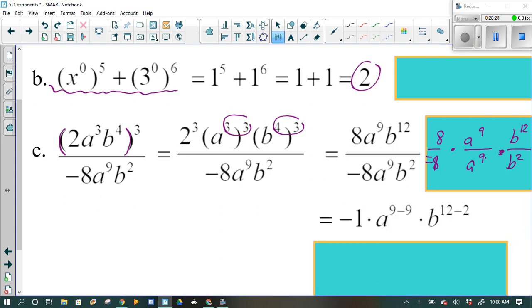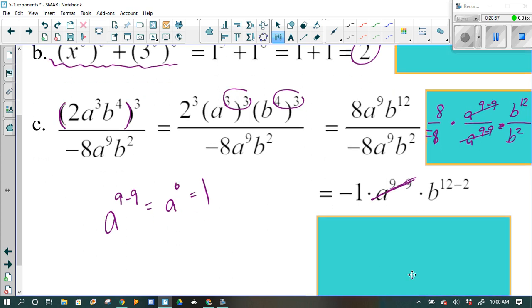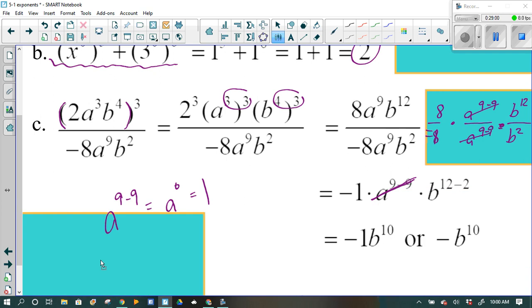If I subtract this 9 from this 9, the a's are going to go away altogether, because 9 minus 9 would be a to the 0, and a to the 0 is 1. So now negative 1 times 1 times b to the 12th minus 2. So negative 1 b to the 10, or just negative b to the 10.